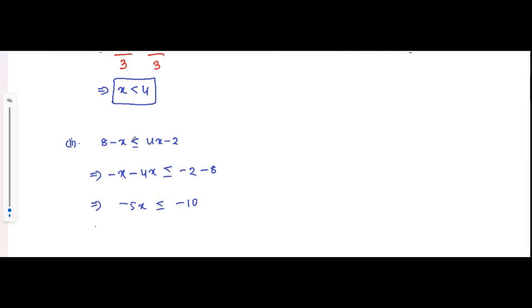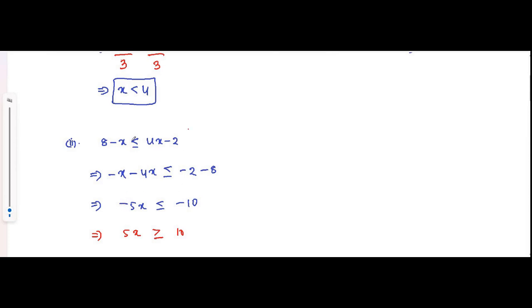Now there is also another rule: if the sign on both sides of the inequation, that is LHS and RHS, is changed from their initial sign, the sign of inequality reverses. So here if we change minus 5x to 5x and minus 10 to 10, the sign of inequality will reverse. It will become greater than or equal to.